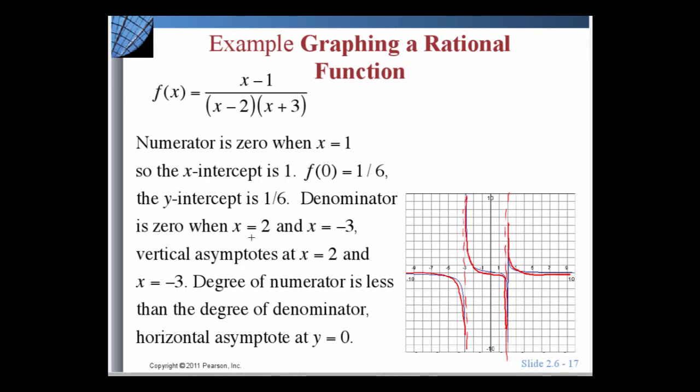But if we were to do it, we would just have to think about what the behavior is going to look like in terms of remembering what the reciprocal function looks like, and then trying to develop off of that reciprocal function what this graph looks like. You're not going to have to be able to do those by hand right now. So if we wanted to look at a graph of that function, we would just do it on our calculator.